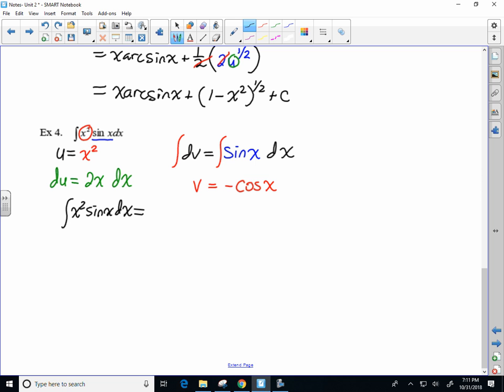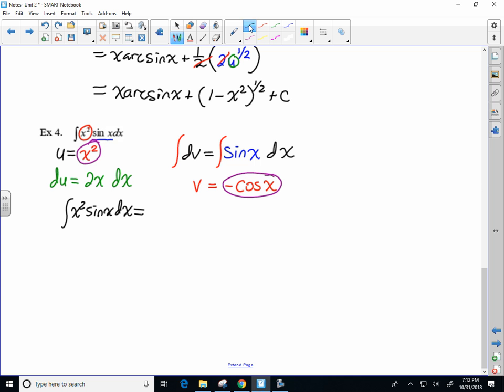UV, so purple. The derivative of sine x is cosine x, yeah. But this time we're looking for the antiderivative. Am I wrong? No, I think I'm right.